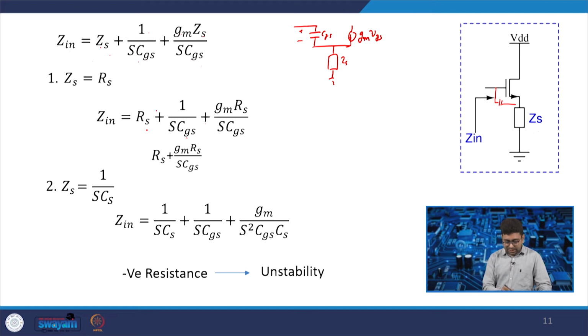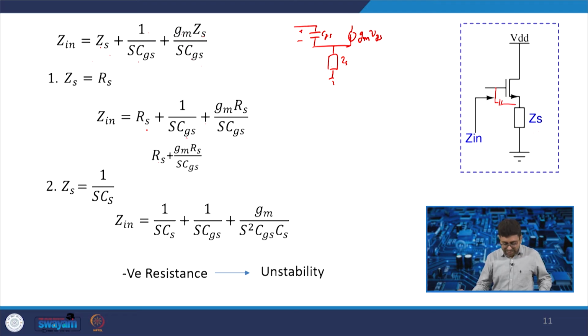So, this term here is looking as a combination of a resistor and a capacitor.